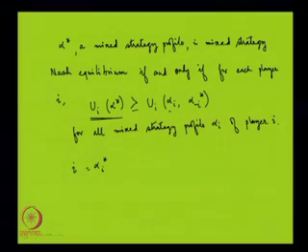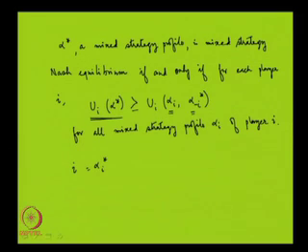That representative mixed strategy which he can play is denoted by alpha I, given that the rest of the players are sticking to their star mixed strategies, that is, the other players are playing alpha not I star. If this is satisfied, then we say that alpha star is a mixed strategy Nash equilibrium.